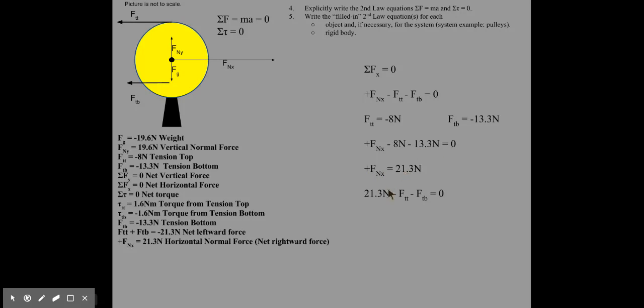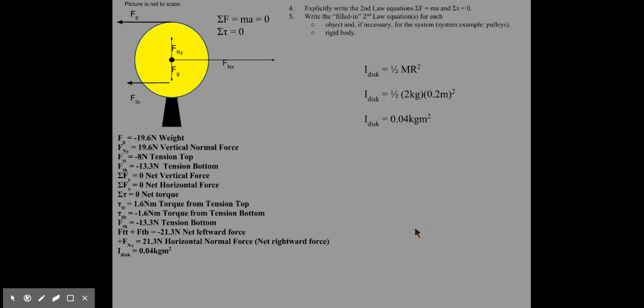It's 21.3 newtons. So if the horizontal component of the normal force is 21.3 newtons, and that's the net rightward force, that's this force here, then there must be a net leftward force of these two forces pulling with a force of negative 21.3 newtons. Those two together pulling in the opposite direction.